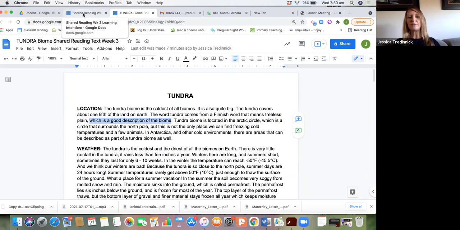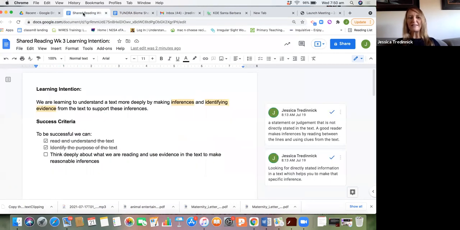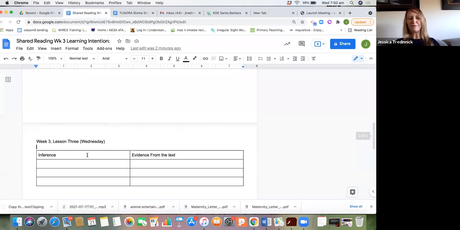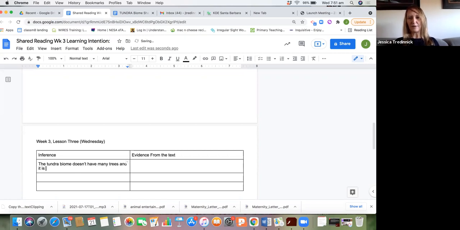So I can infer that my inference is that the tundra biome doesn't have many trees, and its surface is a flat plain, maybe.